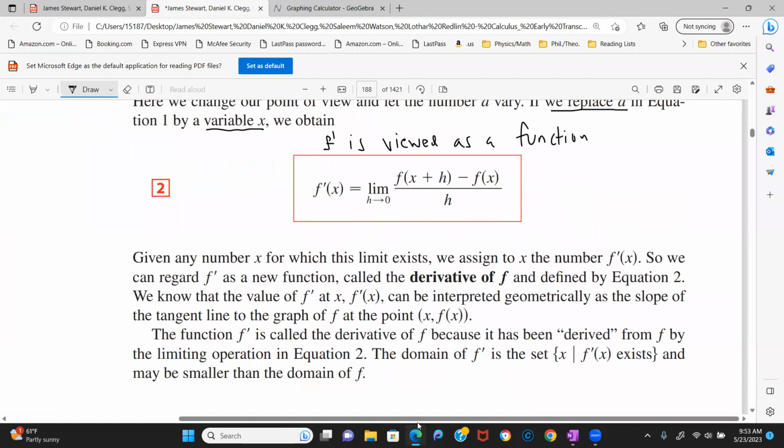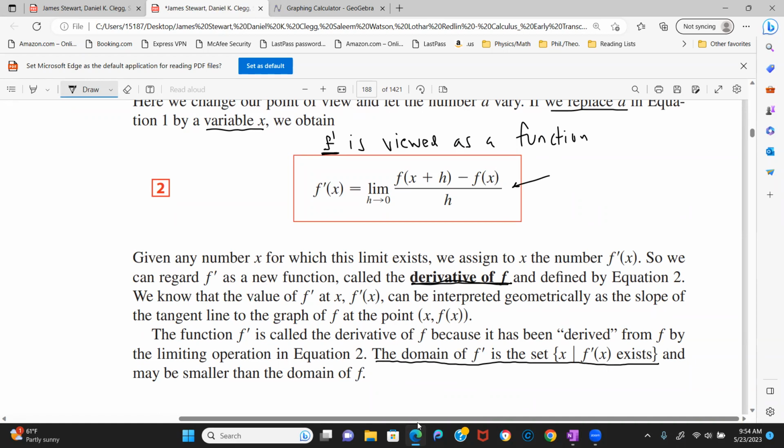As I said, this is called the derivative of f. So f prime is viewed as a function. It's called the derivative of f. And the domain of it is going to be the set of all points x such that f prime exists, that is, such that this limit exists.